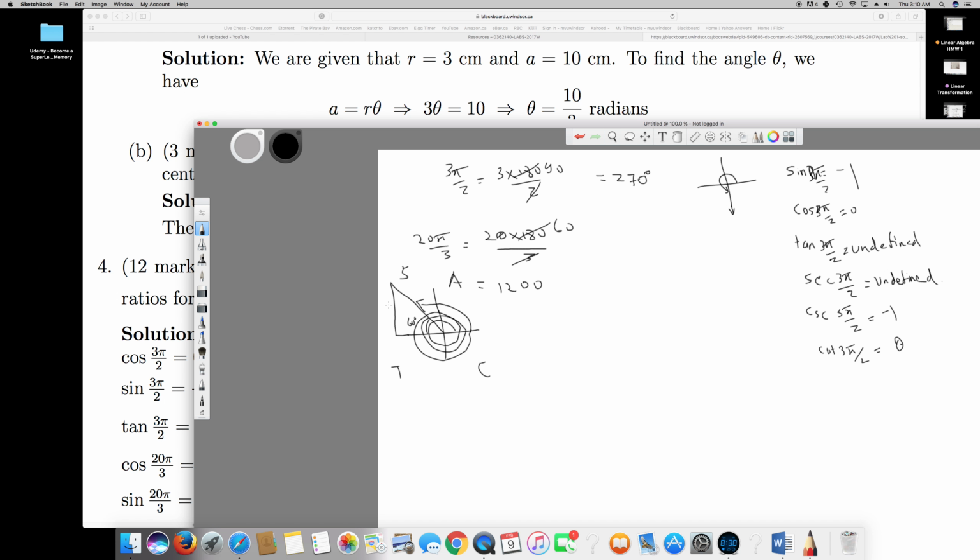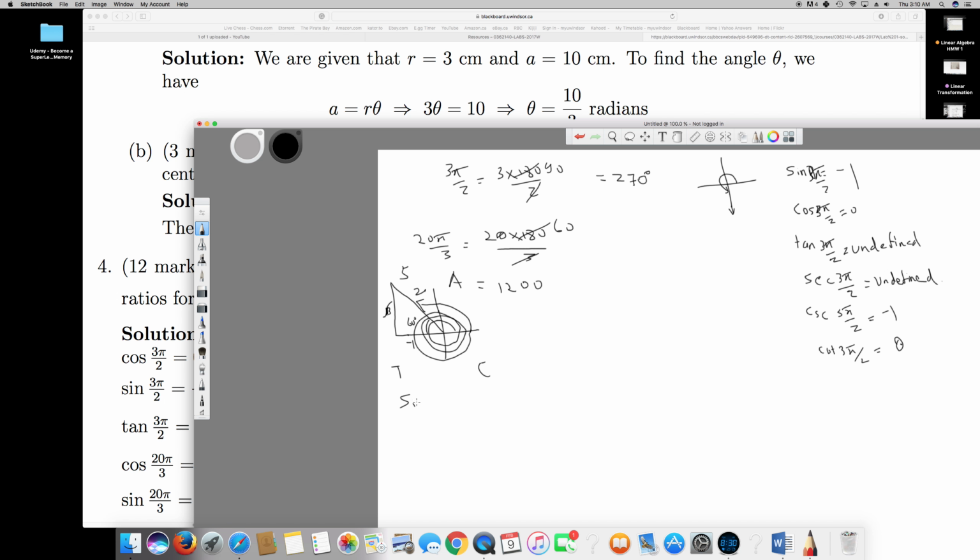Sin 60 means opposite over hypotenuse, so opposite is root 3, and cos is adjacent over hypotenuse, adjacent is going to be negative 1 and hypotenuse is going to be 2.